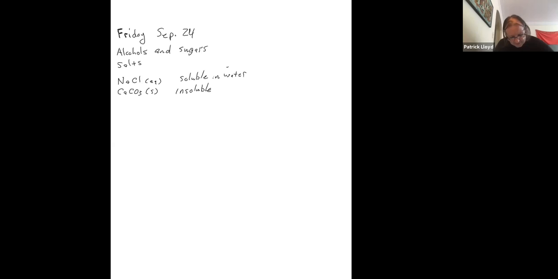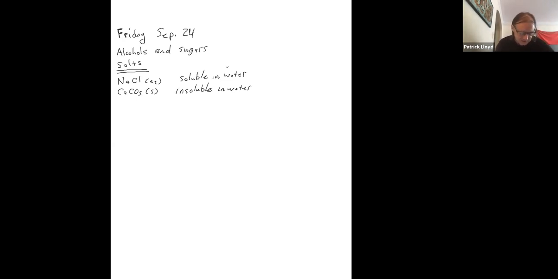So we say it's insoluble in water. Our focus today is going to be on this second group of compounds, the ionic compounds, some of which are soluble in water and some of which are insoluble in water.